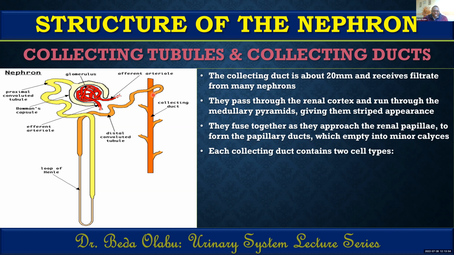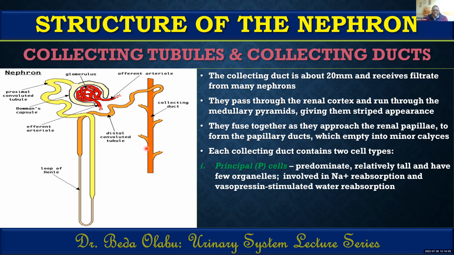Each collecting duct still has epithelial cells on its wall, but there are two types of cells within the wall of the collecting duct. We have what we call the principal cells. You can call them P cells. These are the majority of the cells. They're usually relatively taller, but they have fewer organelles.